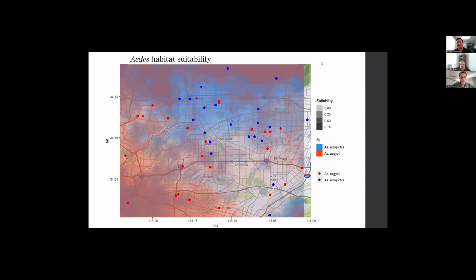And we do see a lot of both species in El Monte. We didn't have any trapping sites that were dominated by Aedes albopictus, and that's reflected in the El Monte results.